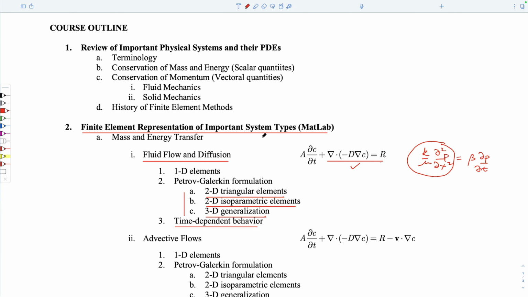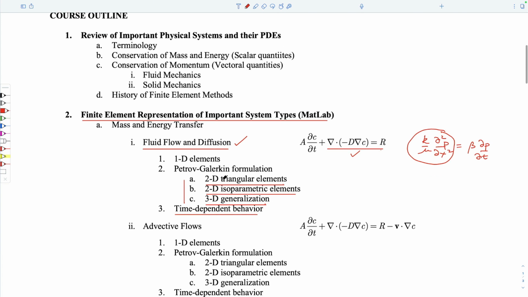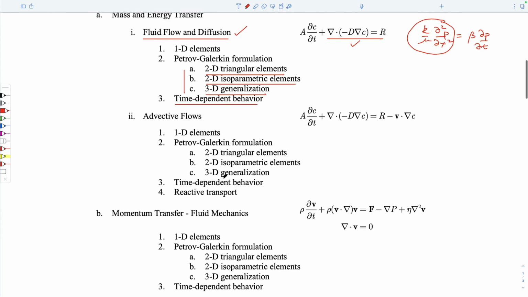So the first one is to deal with pressure, fluid mass flow, the mass flow of water or gas. The second one is for advective transport, when some quantity, it could be contaminant or minerals dissolved in water, is carried by the bulk motion of the water at some velocity. And the term representing that is this advective term here.